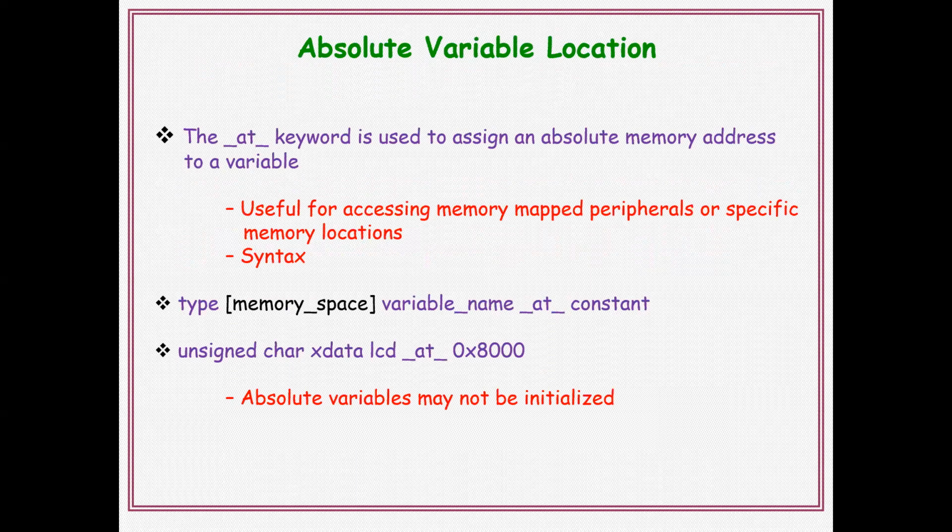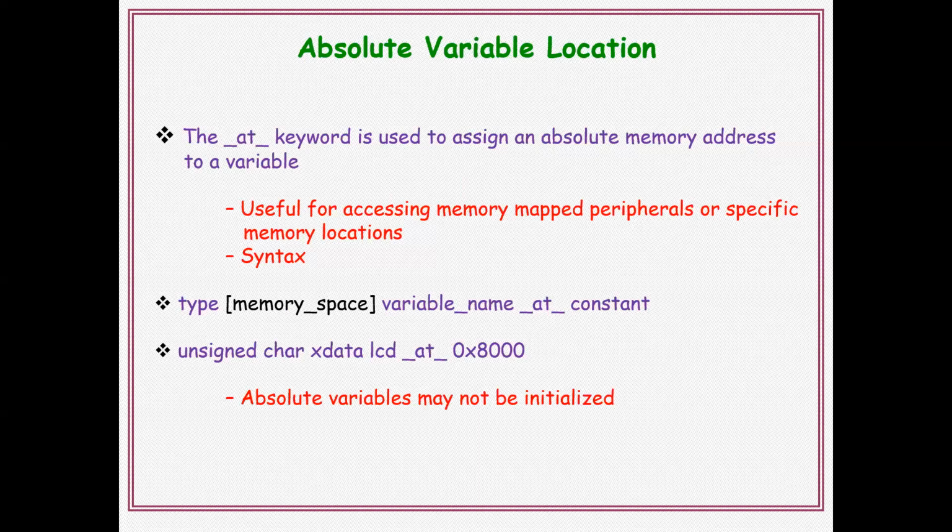Absolute variable location. The _at_ keyword is used to assign an absolute memory address to a variable. It is useful for accessing memory mapped peripherals or specific memory locations.